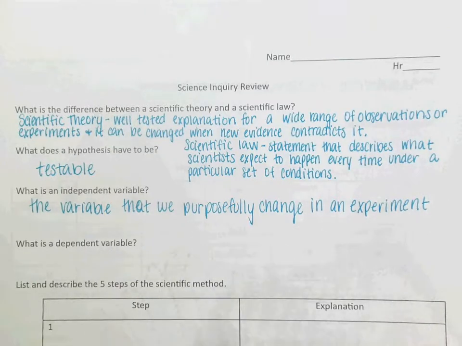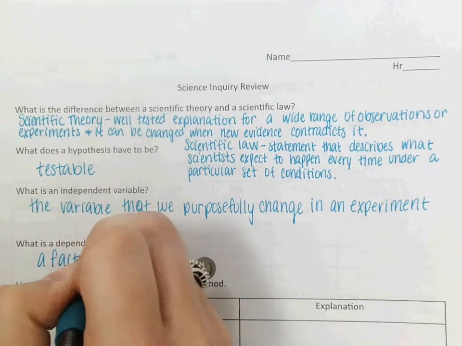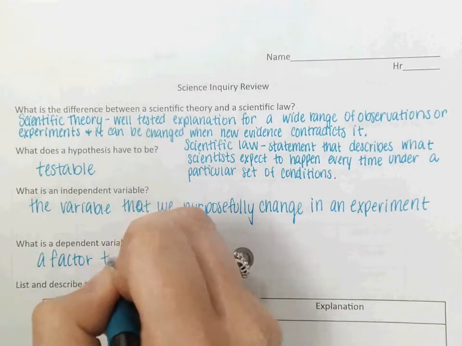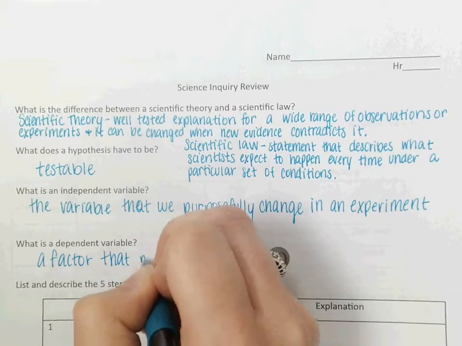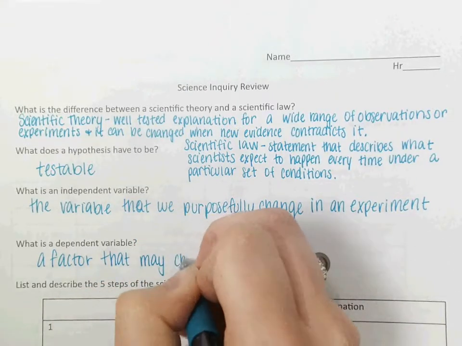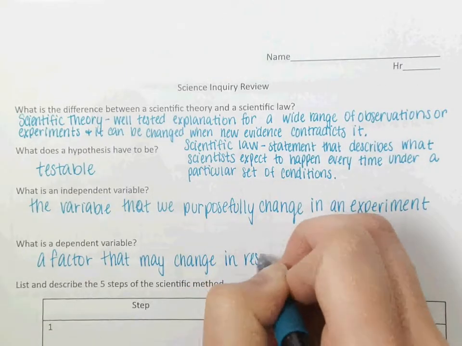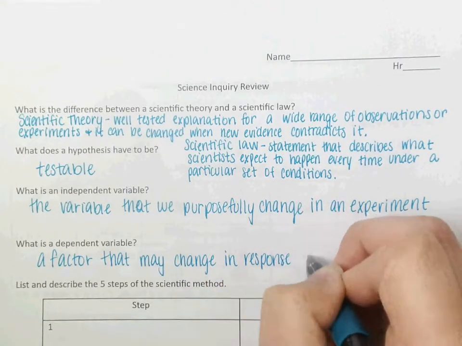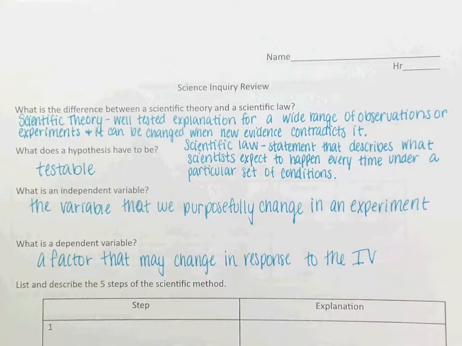Now, a dependent variable is a factor that may change in response to our independent variable. So this is our reaction to our independent variable.